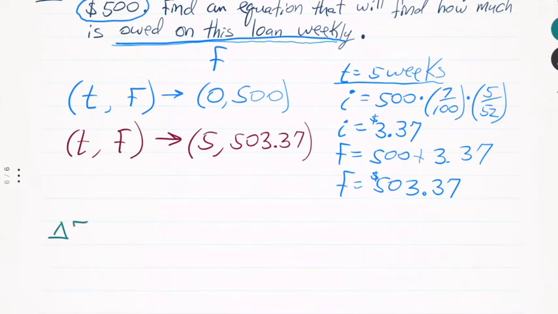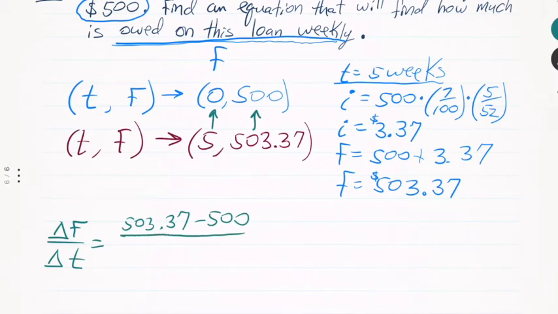So this is going to be change in f, which is in the y-coordinate spot, over the change in t, which is in the x-coordinate spot. So then we just subtract the f's and subtract the t's. So I'm going to go backwards, actually. I'm going to subtract in this order. So 503.37 minus 500, and you'll see why I do this in a second, all over 5 minus 0.